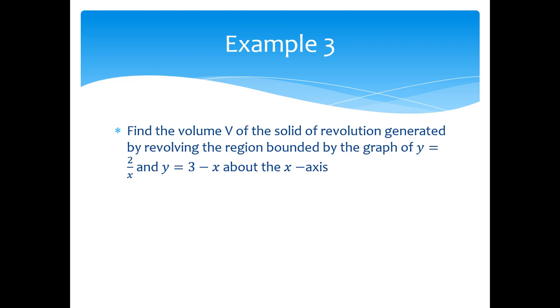I don't know which function is above which, so I'm going to set 2 over x equal to 3 minus x and find the points of intersection. That means 2 is equal to 3x minus x squared, so x squared minus 3x plus 2 is equal to 0.